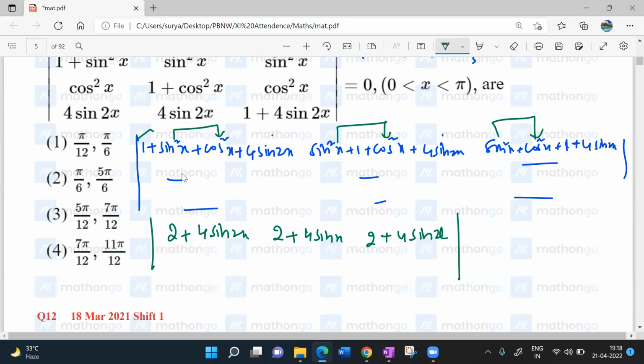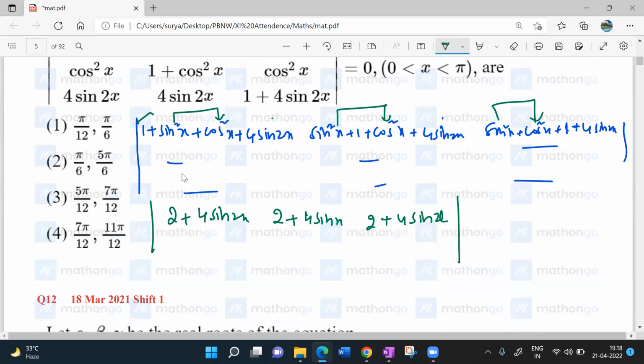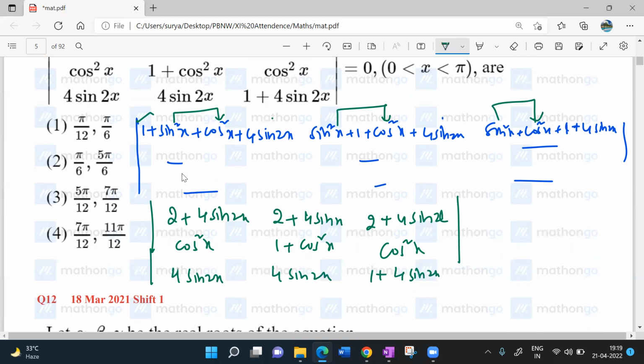Okay, so now R2 and R3 are the same, so let me write them as they are. R2 is cos square x, 1 plus cos square x and cos square x. Here 4 sin 2x, 4 sin 2x, 1 plus 4 sin 2x. Correct? Now this determinant is equal to 0, as given to you.